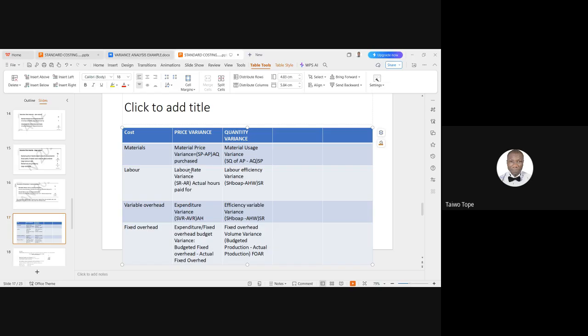In terms of cost expenditure, if your standard is greater than your actual, what will be the outcome in terms of cost? It will be favorable.